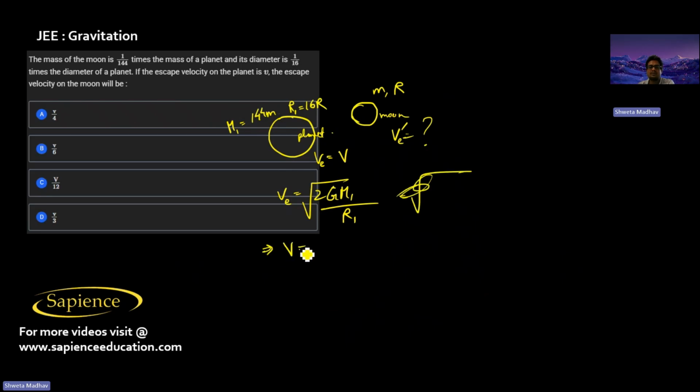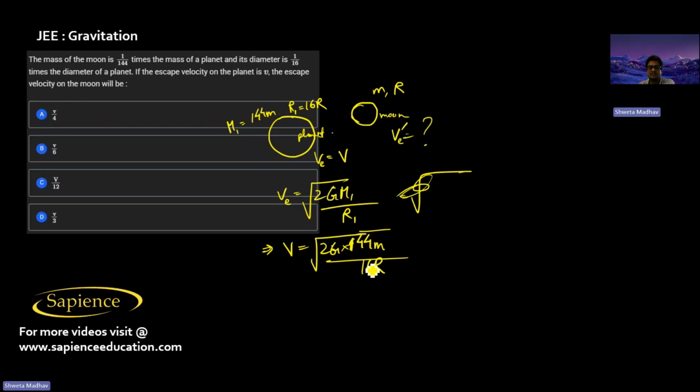So therefore, I can say v will be equal to root over 2 into G into M1, that is 144 m, divided by R1, that is 16r. 144 divided by 16 is 9, so this will be equal to 3 into root 2 GM by r.